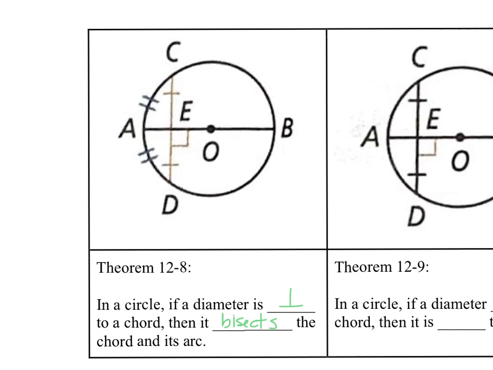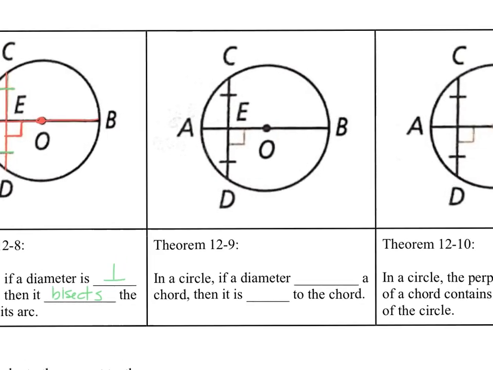So basically what we're saying is if we know that this is a diameter, in other words, it went through the center, and it's perpendicular to this chord, then it will always make these two congruent and these two congruent, okay? So the chord gets bisected and the arc gets bisected. Okay, that's Theorem 12.8.